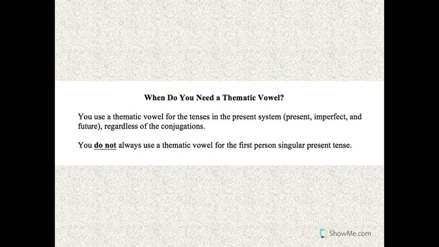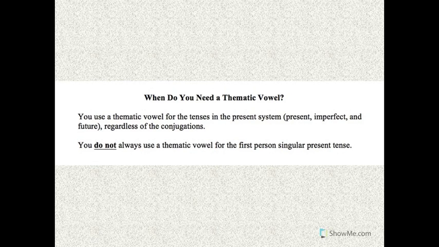Okay, here's our next big question. When do you need a thematic vowel? You use a thematic vowel for the tenses in the present system. That is the present and imperfect and future tenses. It doesn't matter about the conjugations. All 4 conjugations have to use a thematic vowel for the present system. The remaining 3 tenses, the perfect, the pluperfect, and the future perfect, do not use thematic vowels.